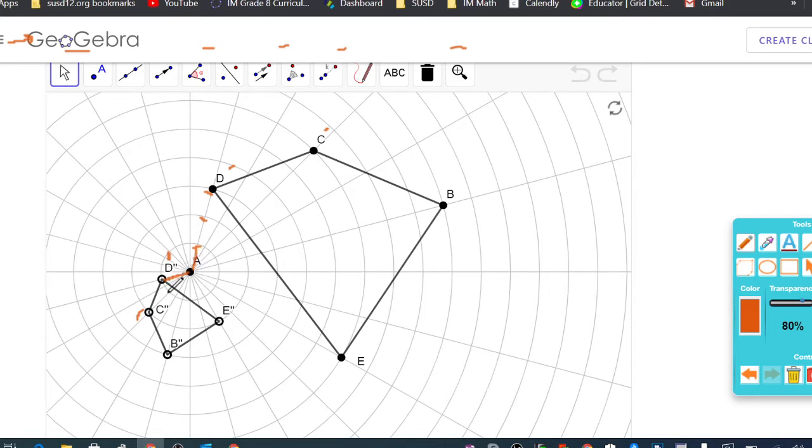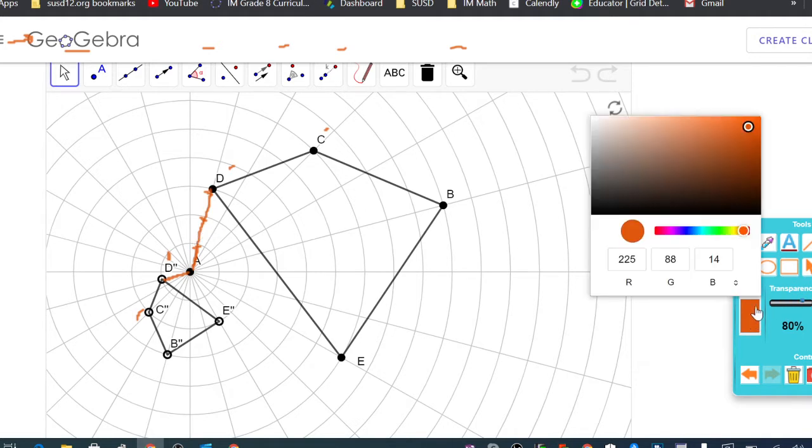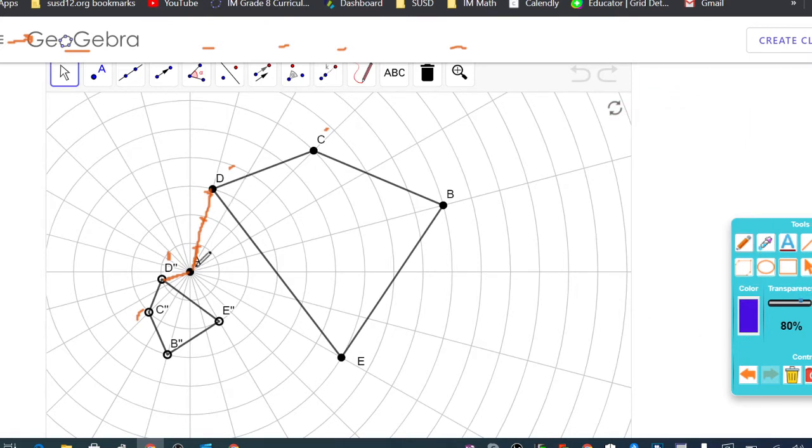It looks like this little figure was dilated with a scale factor of 3 to be the size of this larger one. So why don't we reduce the larger figure back down to its smaller size? Reduce it with a scale factor of 1/3. So now it is 3 units from the origin. If I reduce this using a scale factor of 1/3, then all the distances from the origin are cut by thirds.